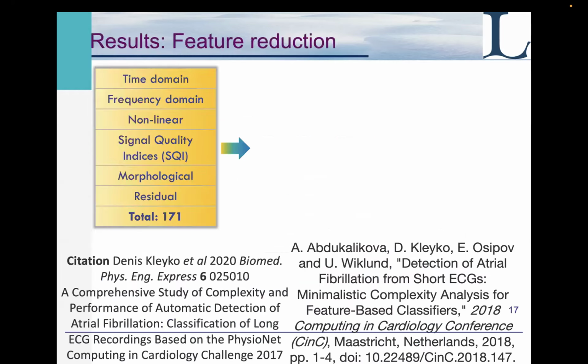Each domain has very different challenges.